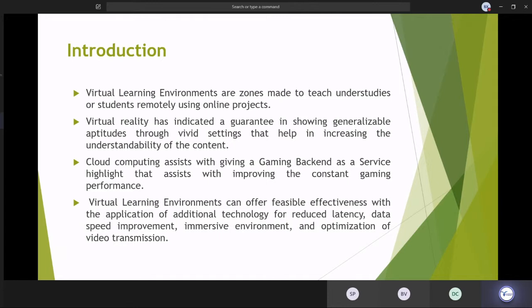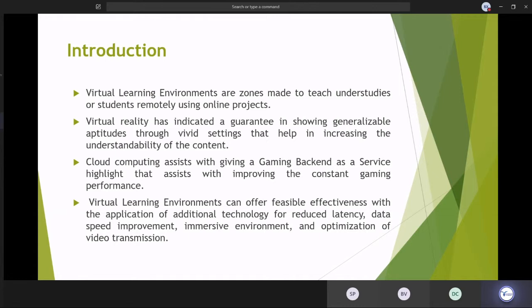Cloud computing technology assists the virtual learning environment by giving a gaming backend as a service feature that helps improve the real-time gaming performance needed in the virtual learning environment. Along with this, cloud computing models can also help with the issues of computational offloading that are necessary to maintain the latency and the improved performance of the virtual learning environment.